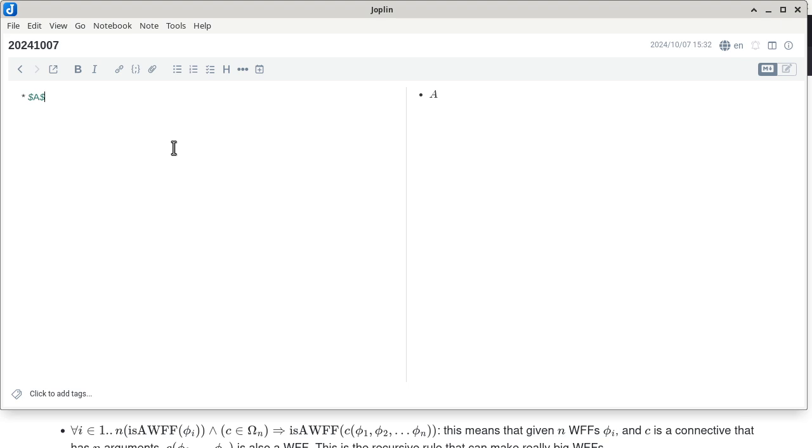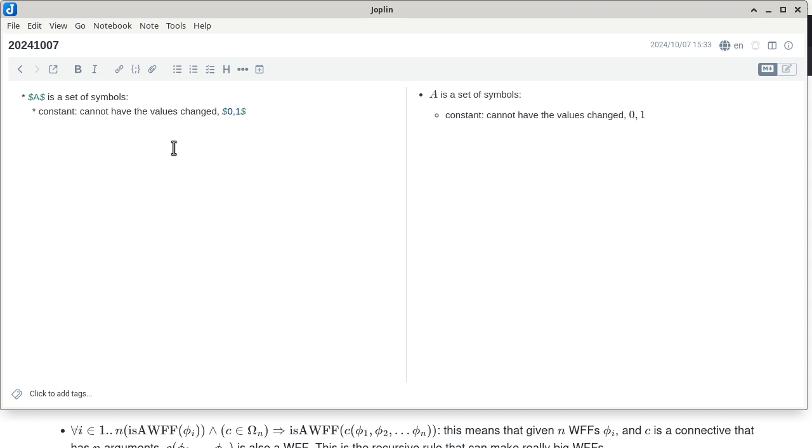So alpha is a set of symbols, but there are three different kinds of symbols. The first kind is constants. They always cannot have the values changed. So as an example, 0, 1 are constants.